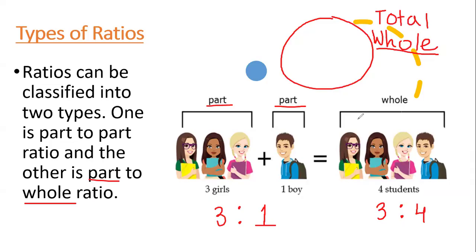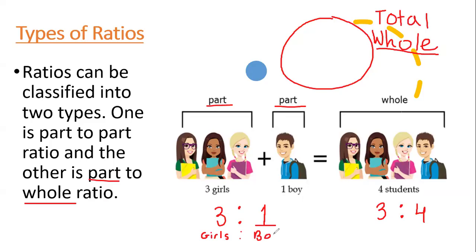You all understand the difference between part to part and part to whole? Those are the 2 types. Part to part is when you're comparing one subset with the other subset. But part to whole is when you're comparing a subset to the whole total amount. So this 3 to 1 is going to be girls to boys.